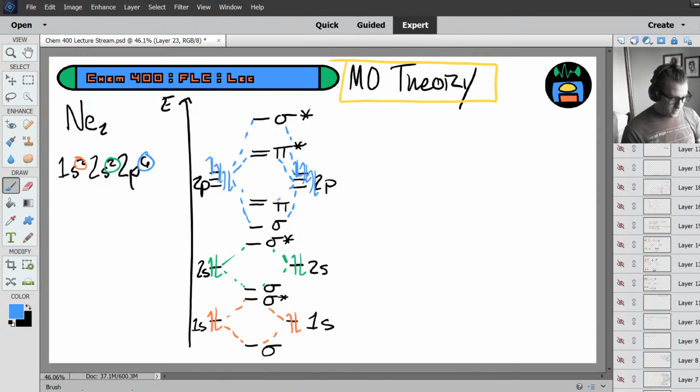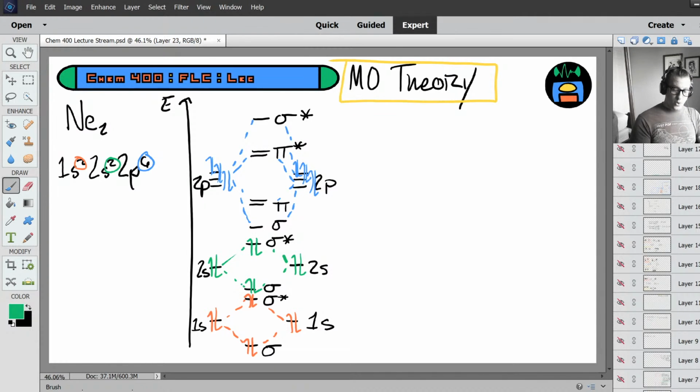All right, now let's house our electrons. We have a total of 4 electrons in our atomic 1s orbitals. The first 2 go into that sigma, the next two go into that sigma star. We have 4 electrons in our 2s orbitals that populate both sigma and sigma star.